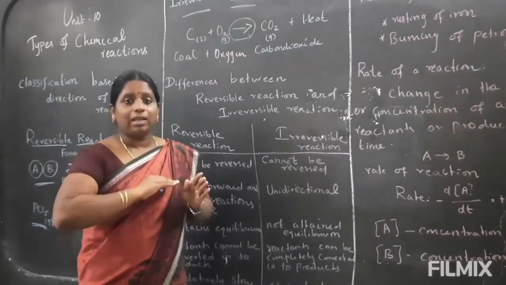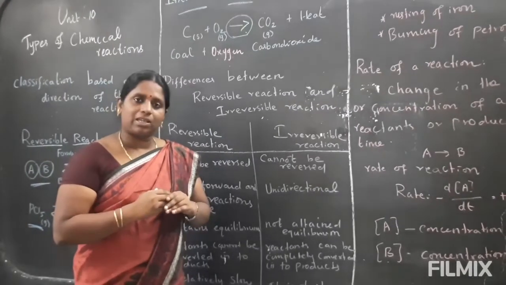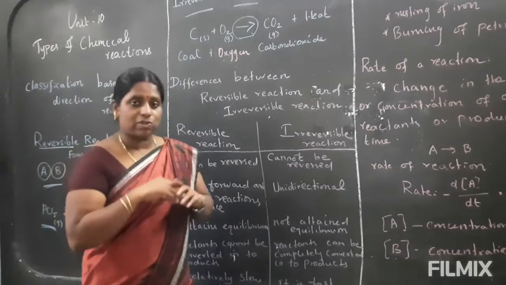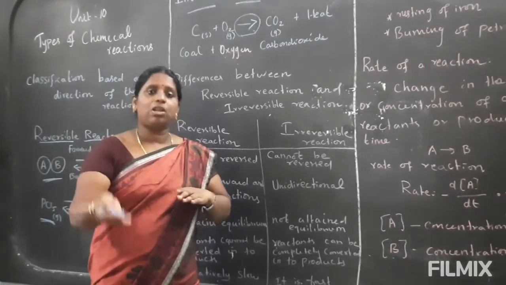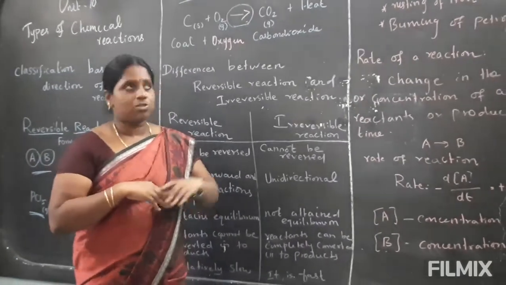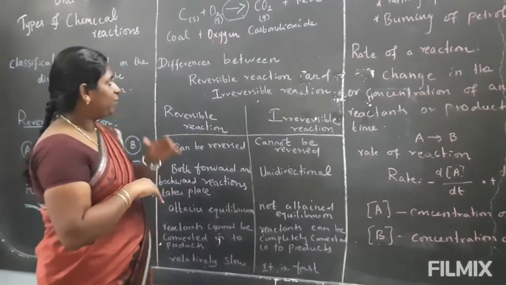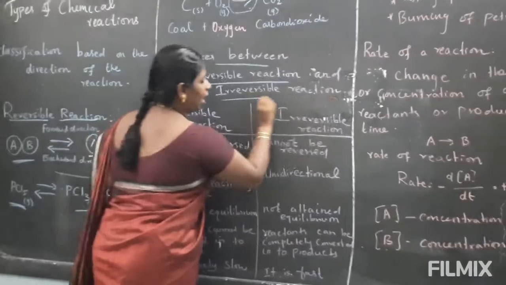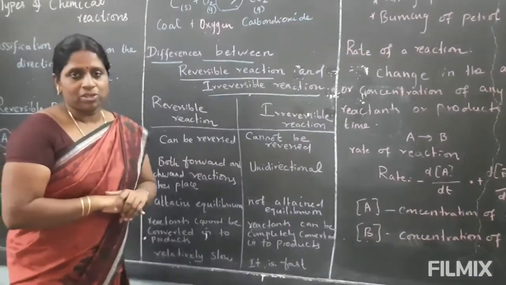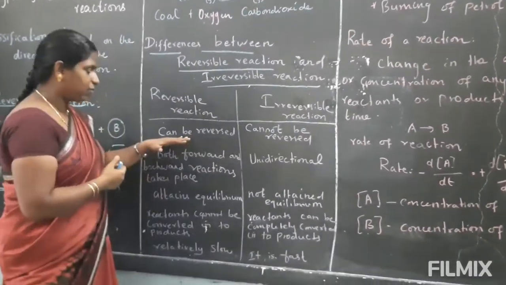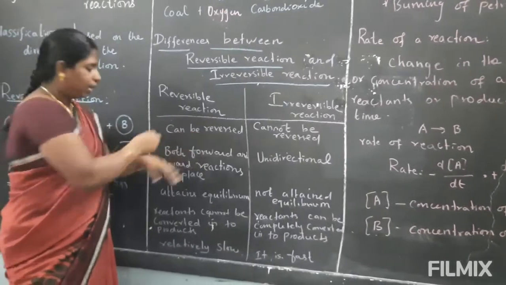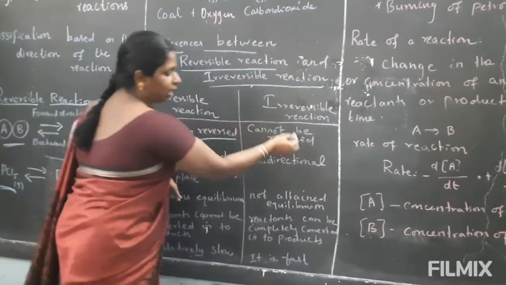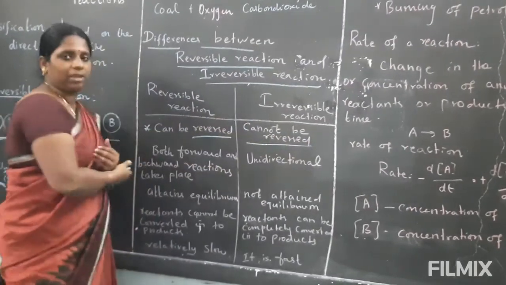So this is the classification of chemical reactions based on the direction, whether the reaction is unidirectional or bidirectional. Let me see the differences between a reversible reaction and an irreversible reaction. First, chemical reactions in the reversible type can be reversed, but an irreversible reaction cannot be reversed.